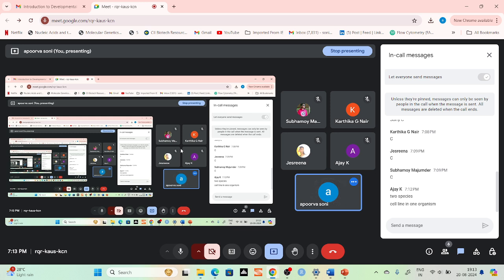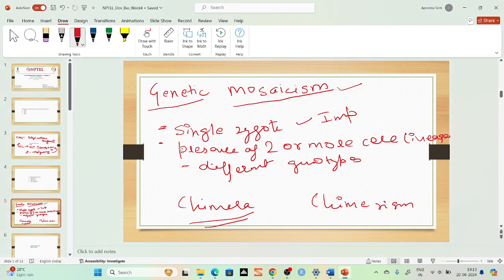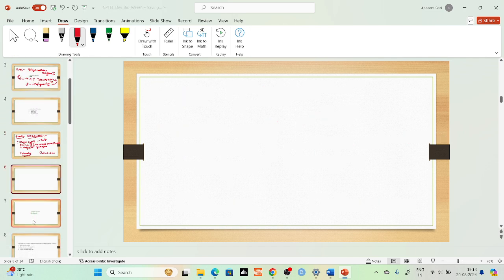Okay. So to differentiate between a mosaic and a chimera, in the simplest term, if I write here mosaic and a chimera.